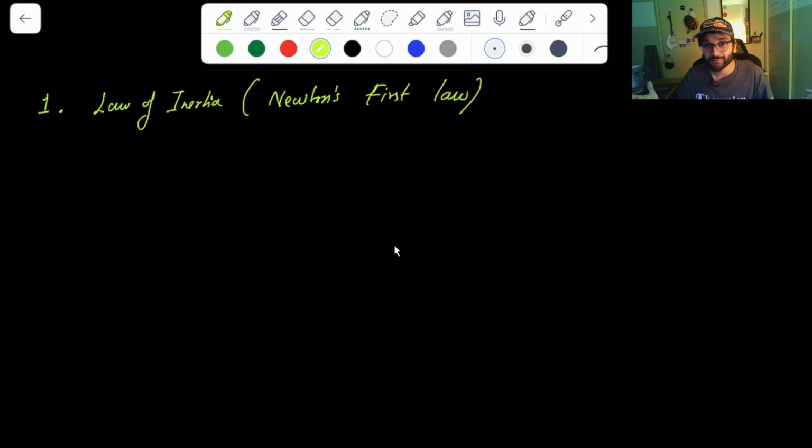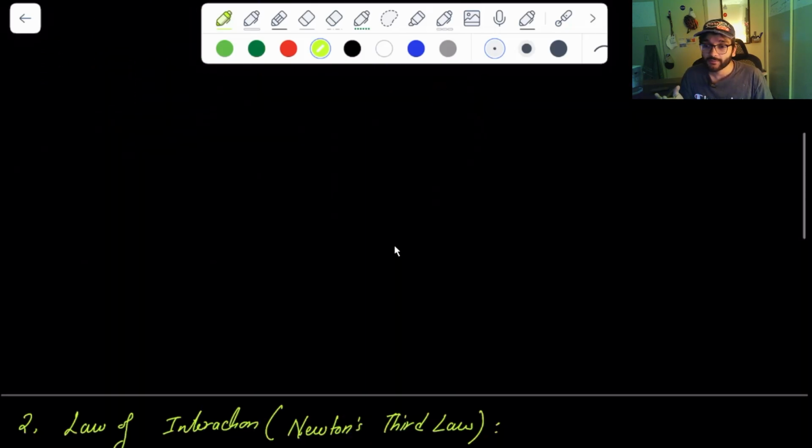It's not going to start to move if you just let it sit, unless there's some wind or someone hits it or something like that. So that's Newton's first law. It's the law of inertia, and this property of objects to be hesitant to change their state of motion is called inertia. Okay, so that's Newton's first law.